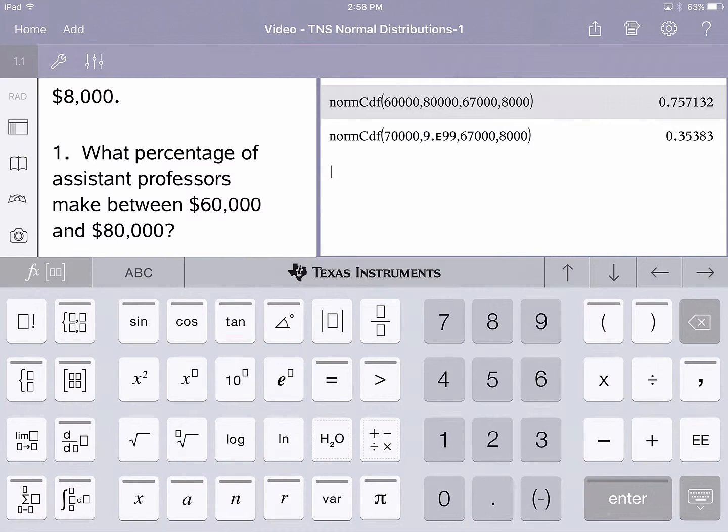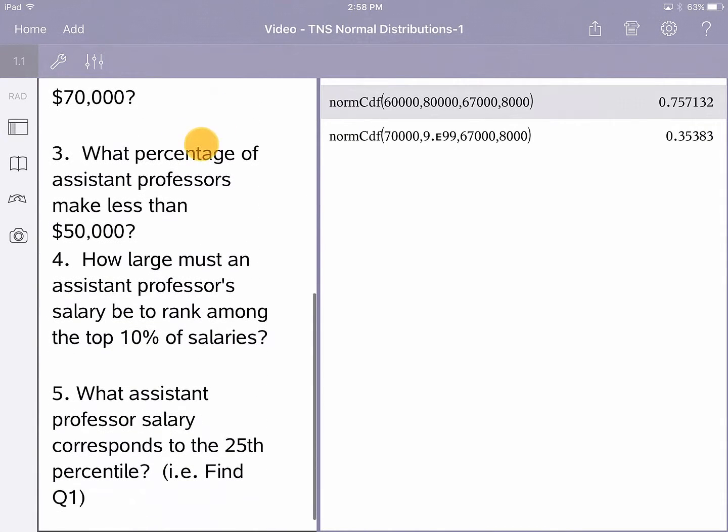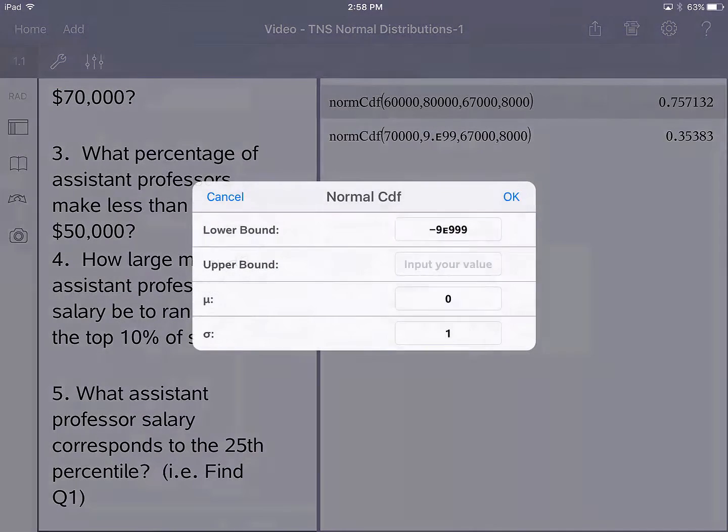All right. The next question, question number 3 here, says: what percentage of assistant professors make less than 50,000? Once again, I'm asking for a percentage. So if I'm asking for a percentage, then I should calculate the normal CDF. And this time it's below 50,000, so I need a negative 9e99.